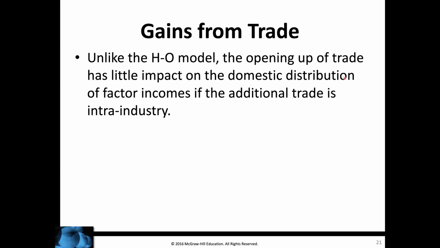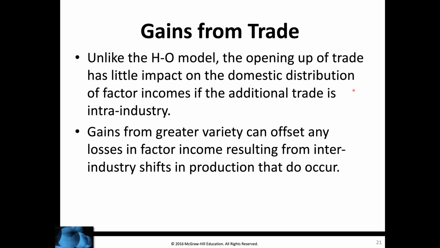We're just now exporting some additional vehicles. Gains from greater variety can offset any losses in factor income resulting from inter-industry shifts in production that do occur. So we might see some inter-industry shifts, but the gains from a greater variety of that product can offset any losses in our factor income.